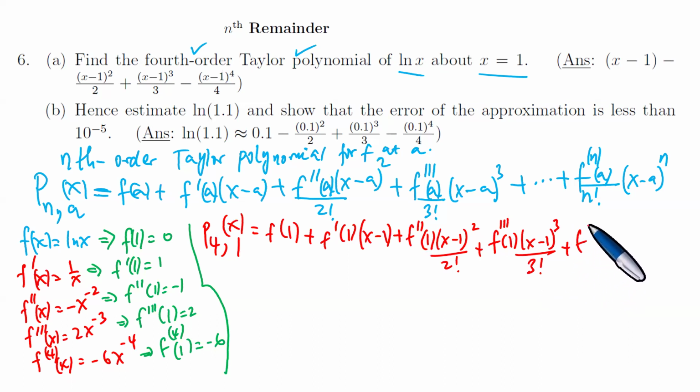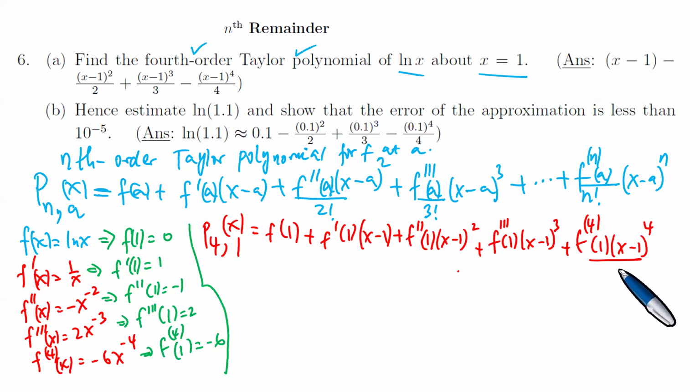the fourth one, and then you have over 4 factorial. Okay, let us put the division carefully.